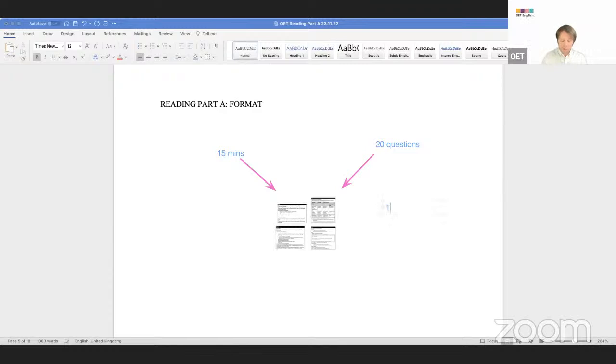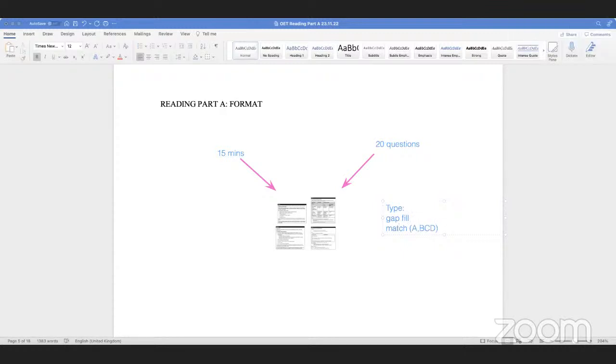What type of questions do we see? Gap filling. There's a gap fill style. What else? There's a match, which is basically A, B, C, D. What else, guys? Short answer. Short answer, good.